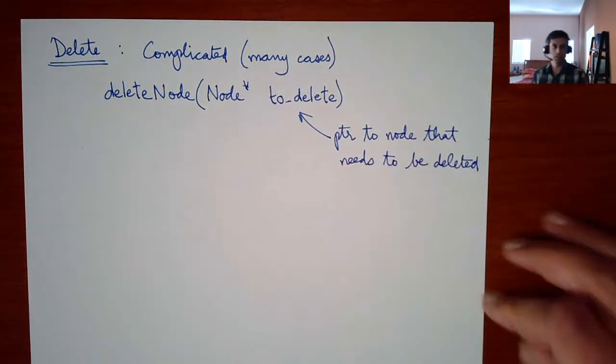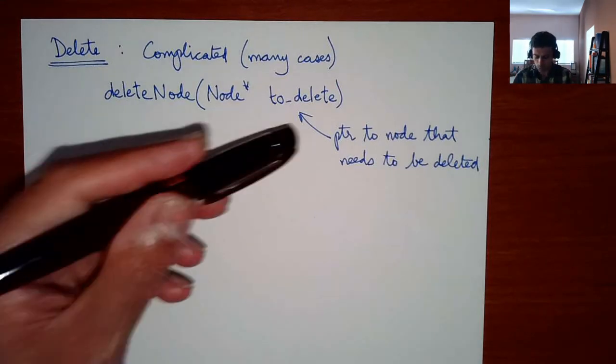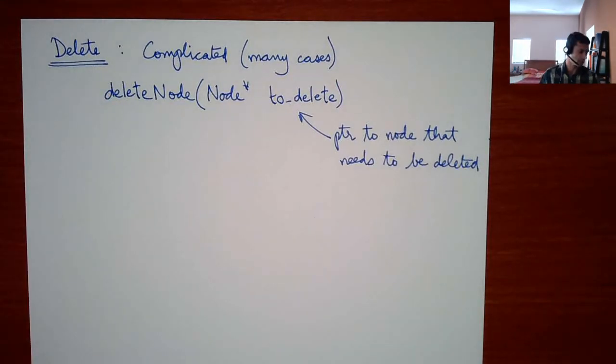How would you get this pointer? Well, you could do a find to find the node that you want to delete, you get the pointer from there, and then you call this function with the pointer. We'll see that it's going to be much more convenient to do this with the pointer.